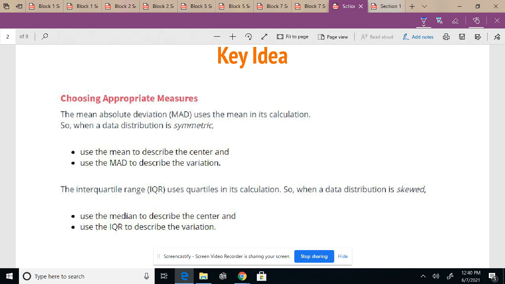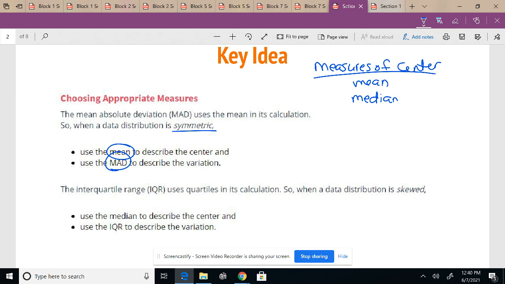So if you think about it, when you're finding the mean absolute deviation, the first thing you have to find is the mean. So when a data distribution is symmetric, you're going to use the mean, that's your measure of center, and the MAD. So if you recall, we have measures of center, which are your mean, median, and mode.